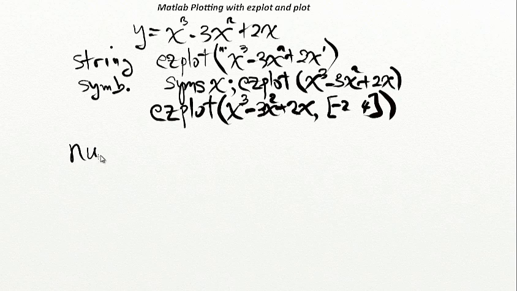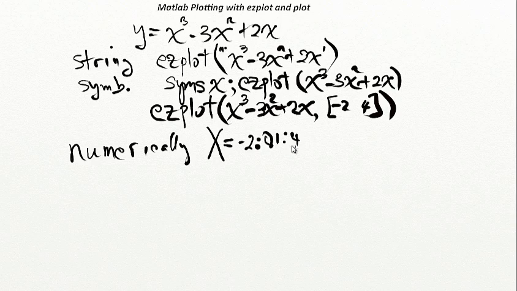Now suppose you wanted to do things numerically. Then you first define a vector of values for your independent variable. So let's use the same interval, minus 2, 0.1, 4. So it says set up a vector from minus 2 to 4 in increments of size 0.1.